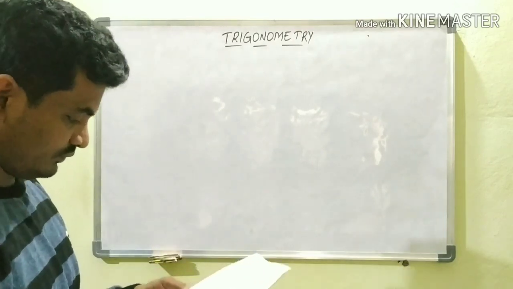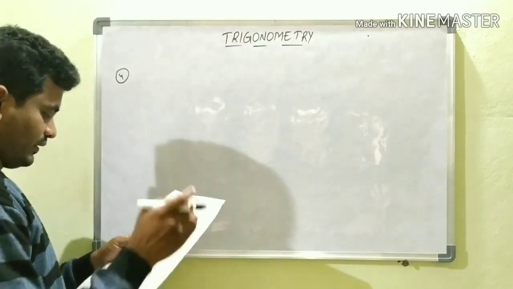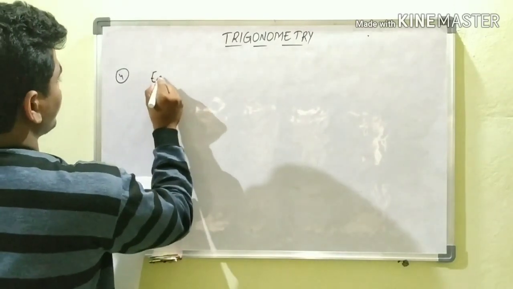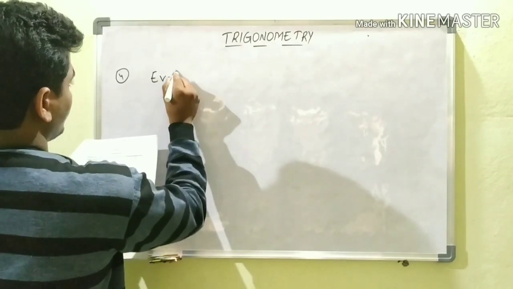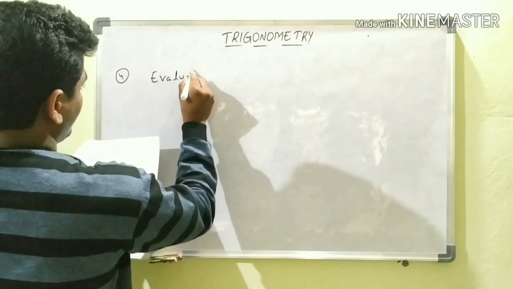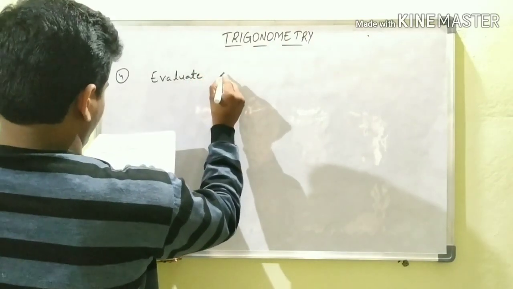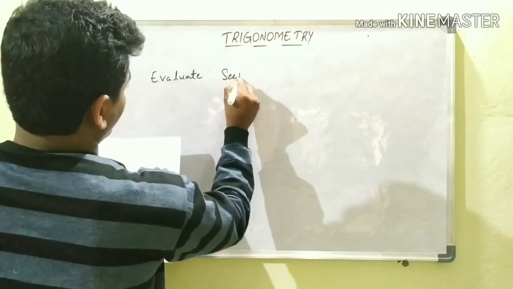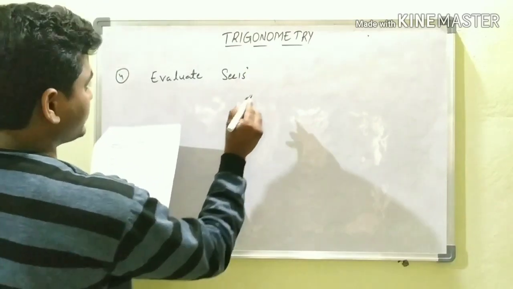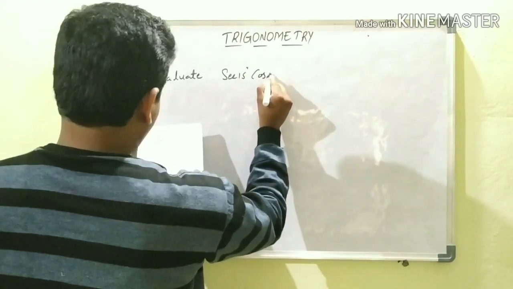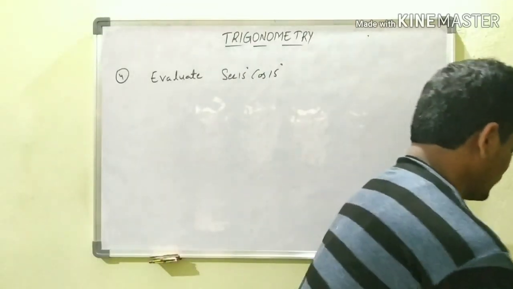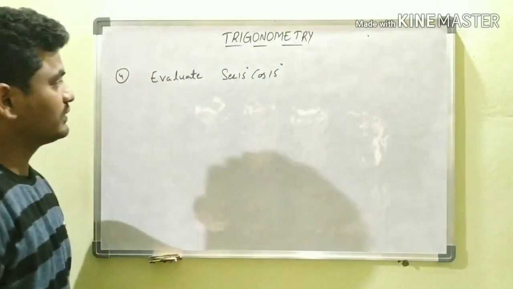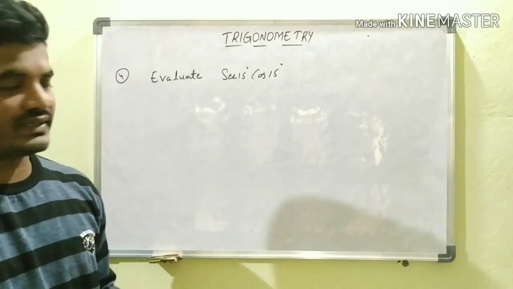Fourth one, evaluate sec 15 degrees into cos 15 degrees. Just now I explained about reciprocals.